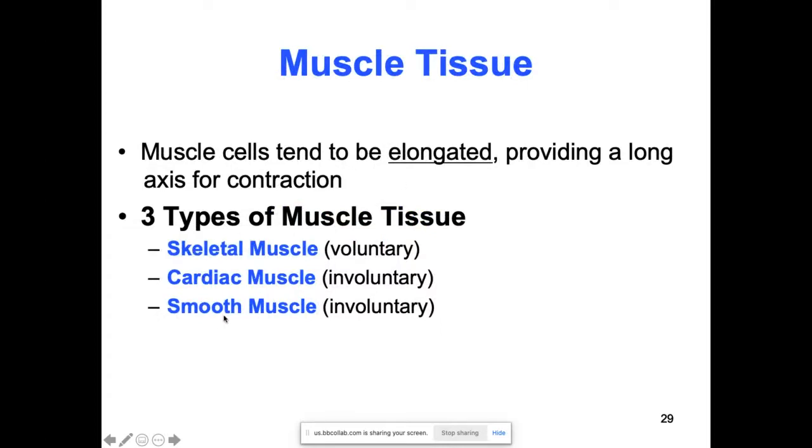Muscles, we have three types: skeletal, cardiac, and smooth. Skeletal is the only one that's voluntary. You can consciously, voluntarily move your biceps, your triceps, your quadriceps. You can move your head left and right. Cardiac and smooth are involuntary.